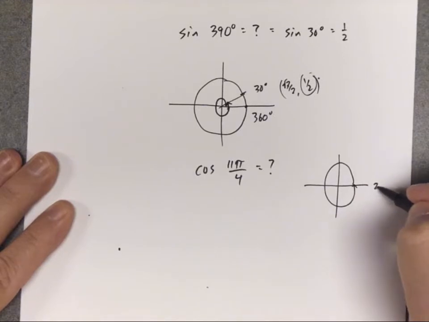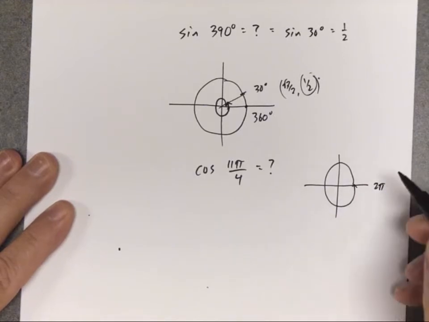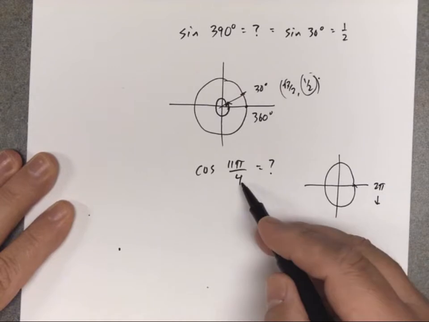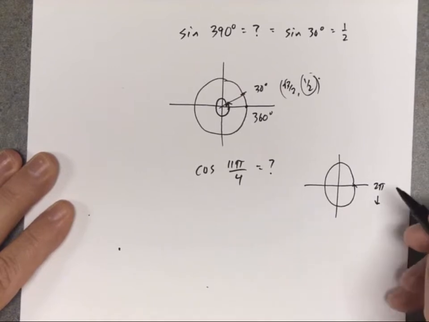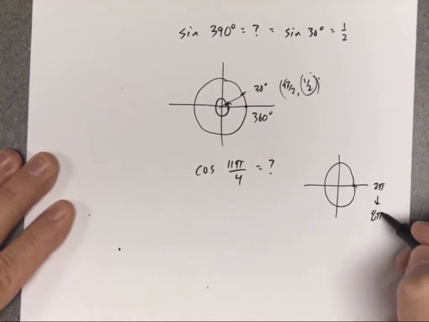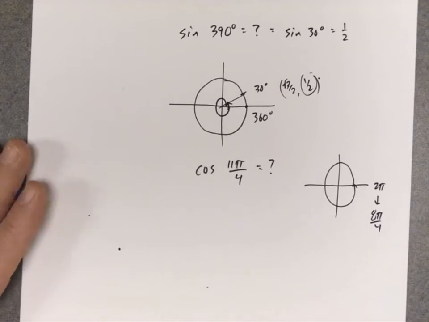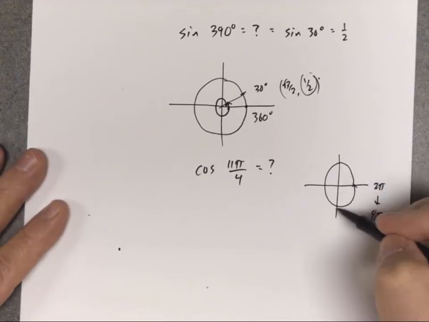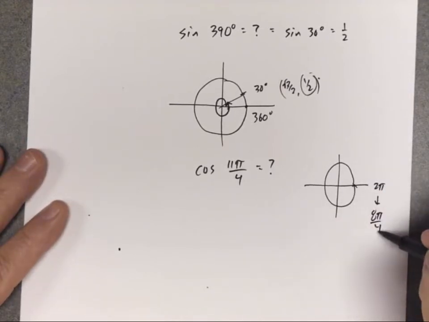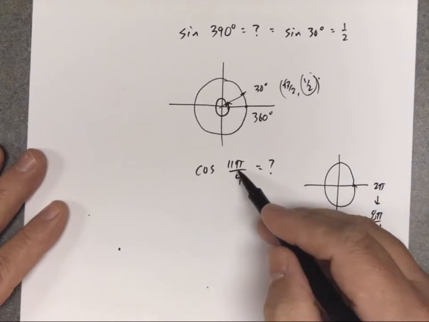One trip around the unit circle is 2 pi. If I convert that to where I have a denominator of 4, 2 pi is the same thing as 8 pi over 4. So one trip around the unit circle, I've gone 8 pi over 4. My angle is 11 pi over 4.